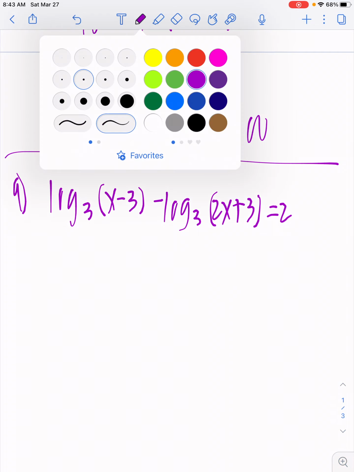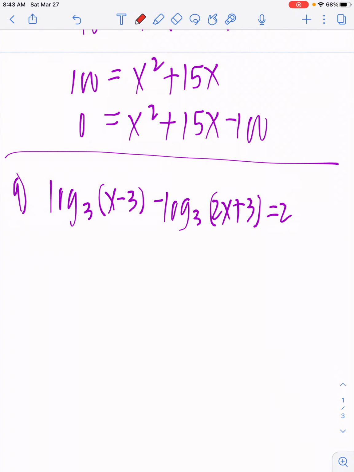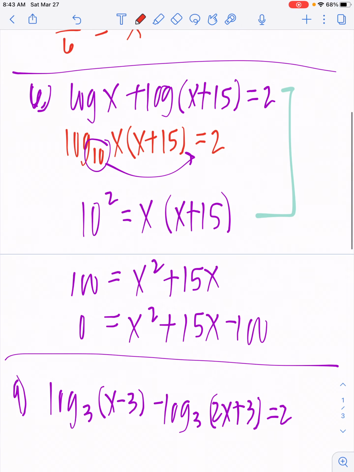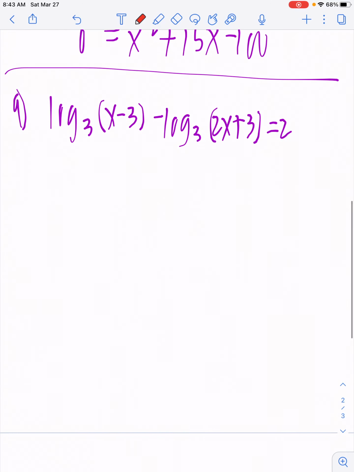I would just maybe think of those rules. Like if you try to do exponential form right now, that wouldn't work because there's 2 logs. You can only do that exponential form when you get it to 1 log. And in order to do that, we've got to use those other rules. So this time it's subtraction. So here we can use the quotient rule. So I can rewrite it, log 3.